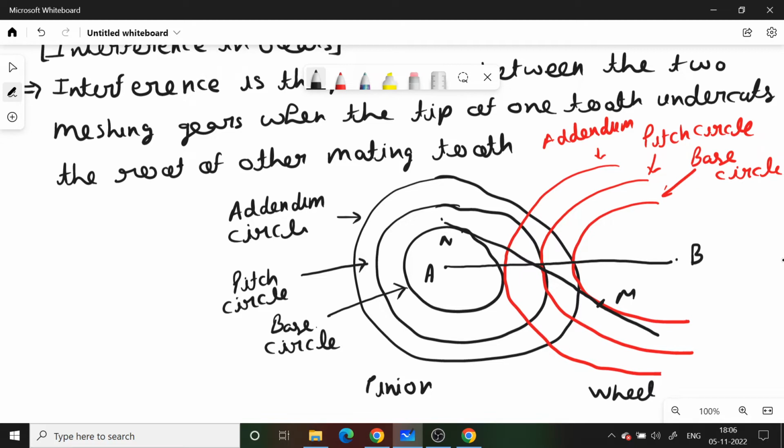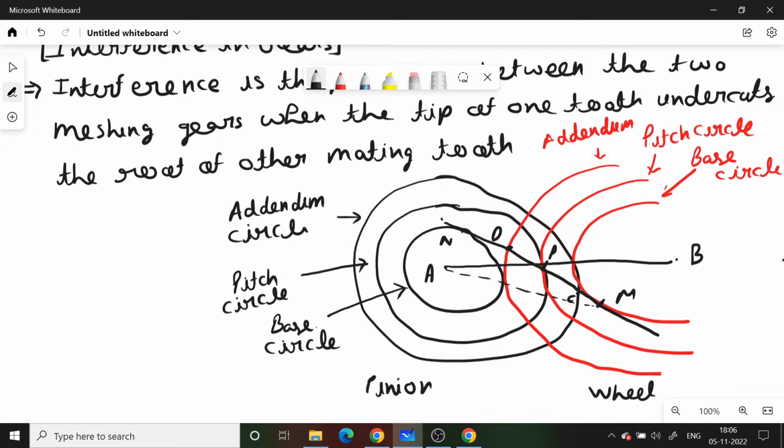This is the point P, the pitch point. This common tangent intersects the addendum circle of the pinion at the point C, and this common tangent intersects the addendum circle of the wheel at the point D.